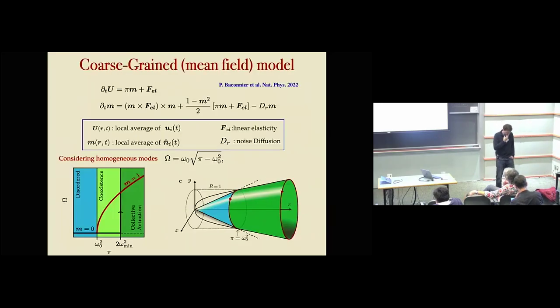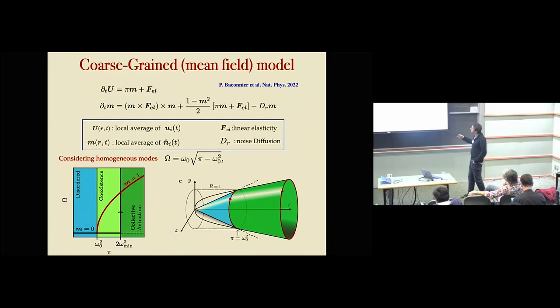So, just to give you some general idea, we first did a coarse grain or mean field model, where M is the local average of the polarity vector. We make some assumptions, among them on the force: we assume that we excite two homogeneous modes.